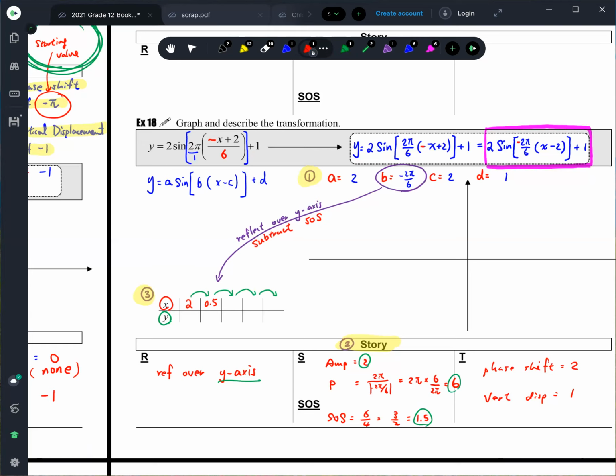Each time you minus 1.5. Oh, next one is minus 1. Yeah, minus 1, and then minus 2.5. Minus 4. Yeah. Okay, if there's no reflection over y-axis, then you do adding.